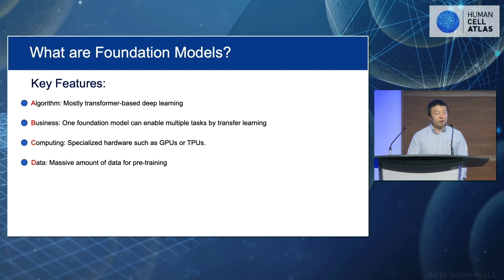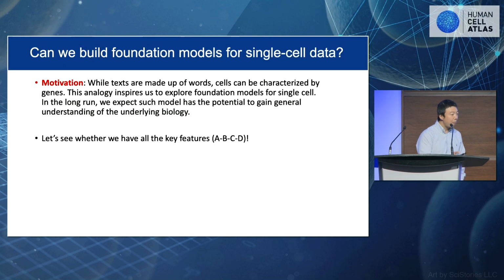The idea of a foundation model is that we only train one foundation model that enables multiple tasks by transfer learning. C, computing. You're going to need specialized hardware such as GPUs, or TPUs if you're coming from Google. And last, D, data. Data is the new oil. To train a good foundation model, you're going to need a massive amount of data for pre-training.